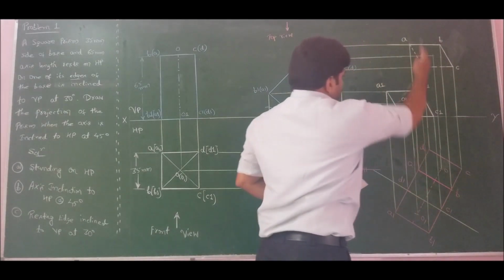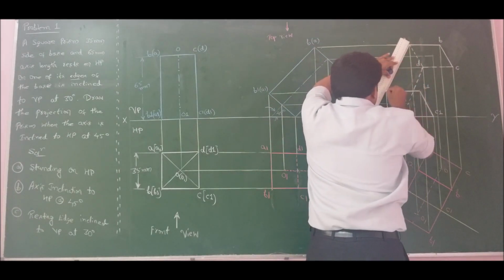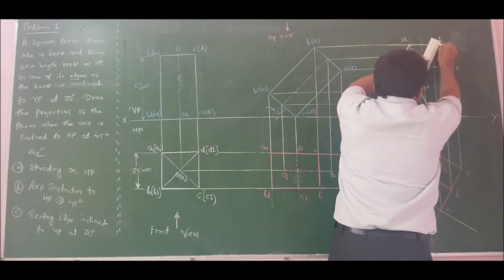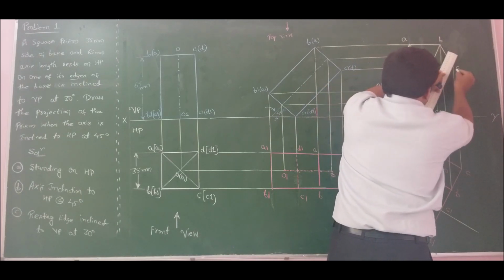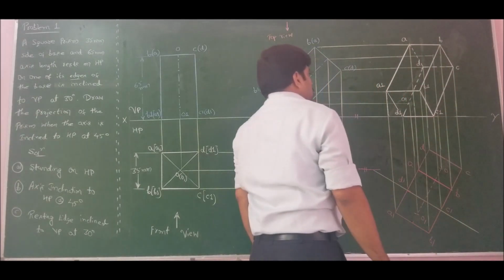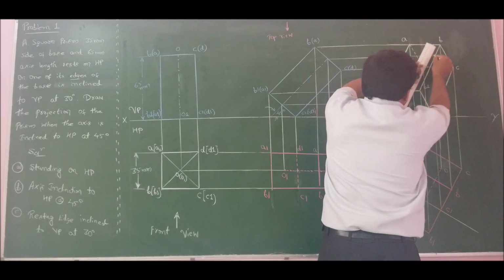And now join the top and bottom faces, A to A1, B to B1 and C to C1. Also mark the axis. This will be OO1.